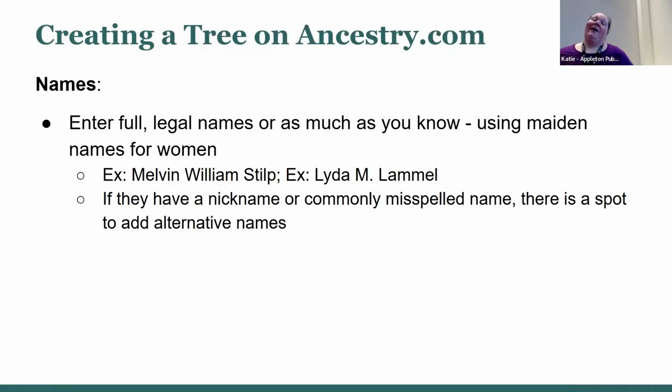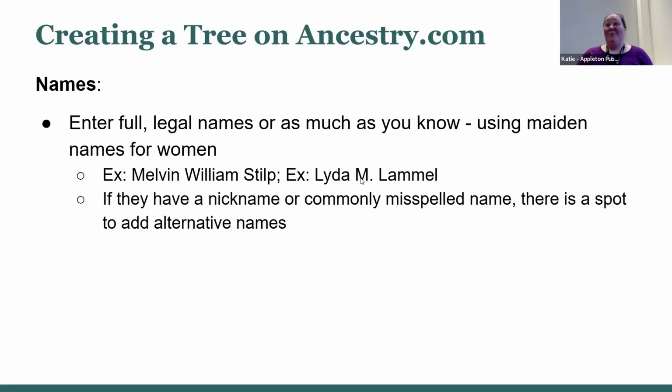So as you're entering information on Ancestry, there's a couple of rules to follow. For names, you of course want to enter their full legal name as much as you know, using a maiden name for a woman. So for example, my great-grandfather, Melvin is his first name, William is his middle name, Stilp is his last name. His wife, I don't know her middle name.